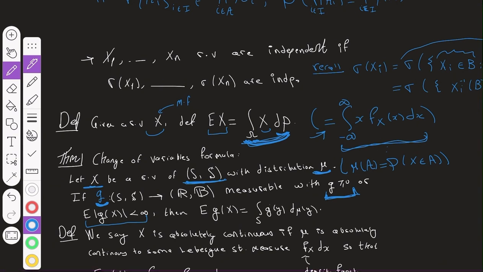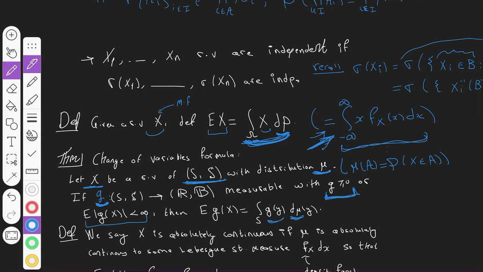We can integrate it with respect to the measure mu, and we claim that this integral is going to be the expected value of G of X. And from this formula, it follows right away that for some types of random variables, we have exactly this formula that we already know.